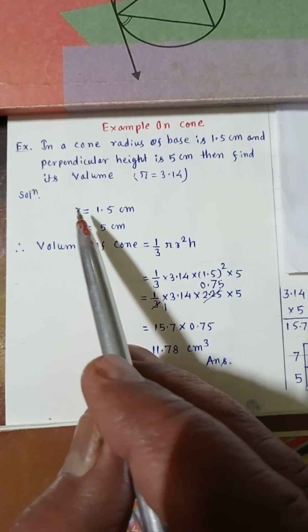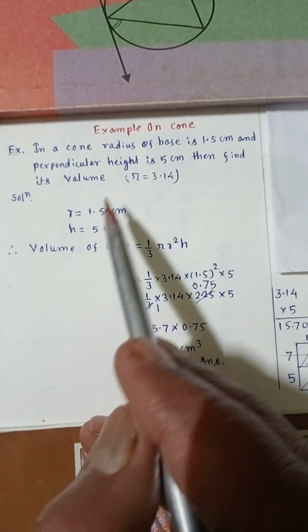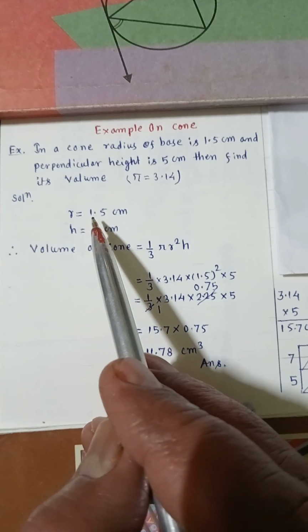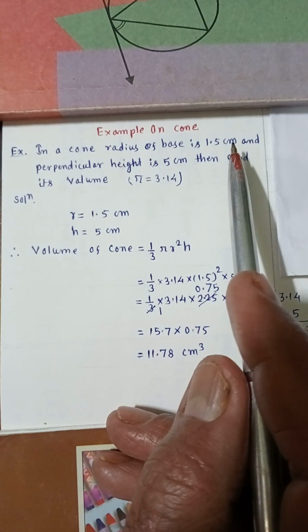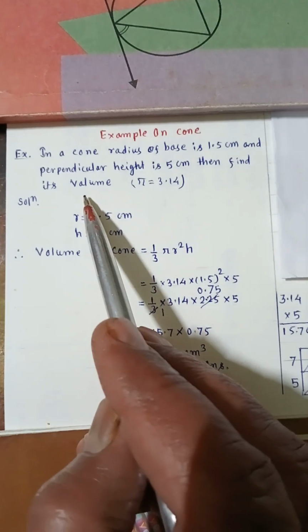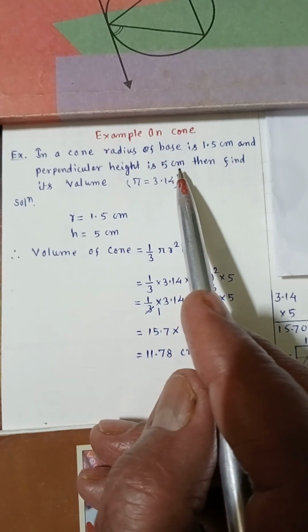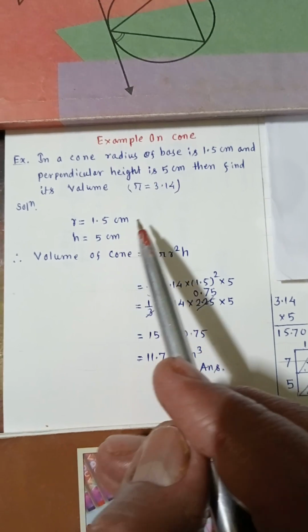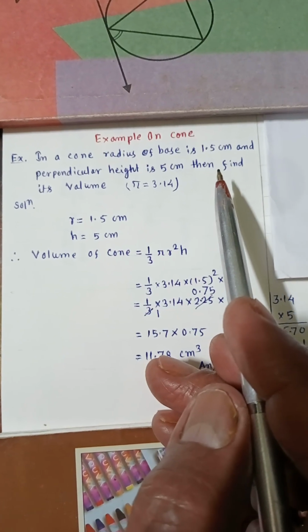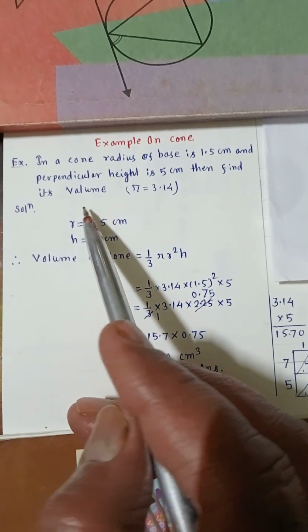Solution. In the example it is given that radius of base, that is r, is equal to 1.5 cm and perpendicular height is 5 cm, that is h is equal to 5 cm. We have to find volume of cone.